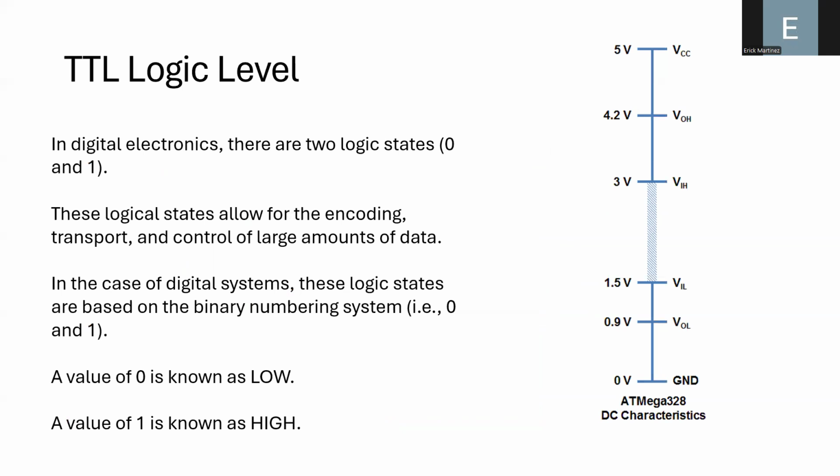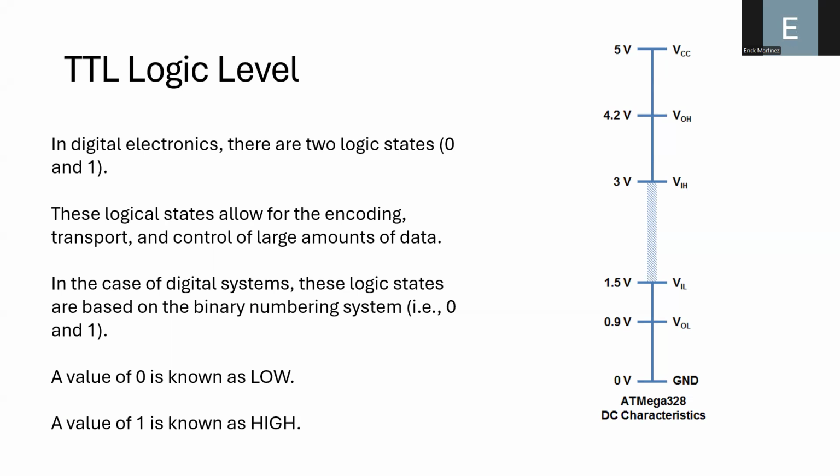The only thing that I wanted to mention is that the microcontroller is a digital system, so we have thresholds in order to determine what is a low-level signal and what is a high-level digital signal. For example, when the signal is between 0 and 0.8 volts, we call this a low-level output.